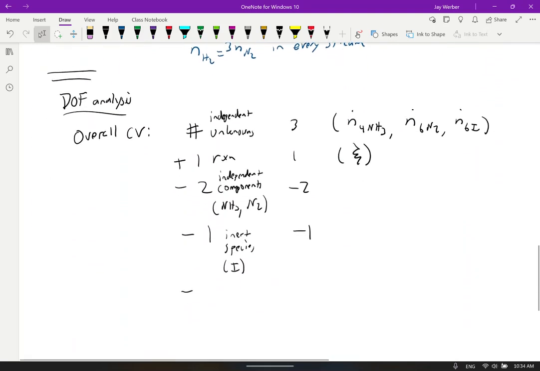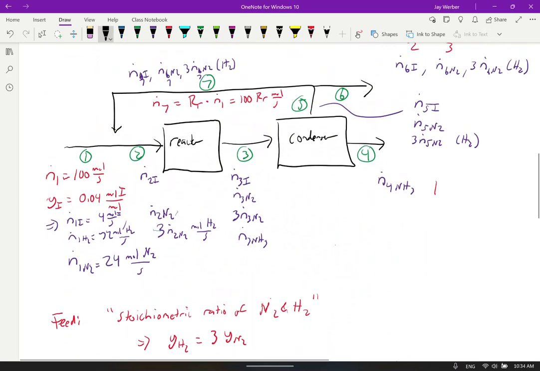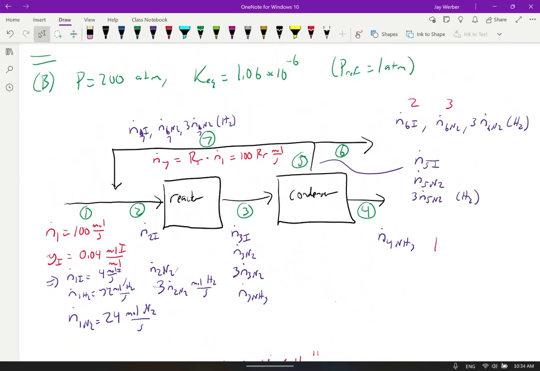So we have extra equations. And what I'm going to say is that there's only one here. So this is the overall conversion. And the reason for that is because in the actual reactor, it's reaching equilibrium, but the equilibrium is only applying to stream 3, and is not applying to the overall system.